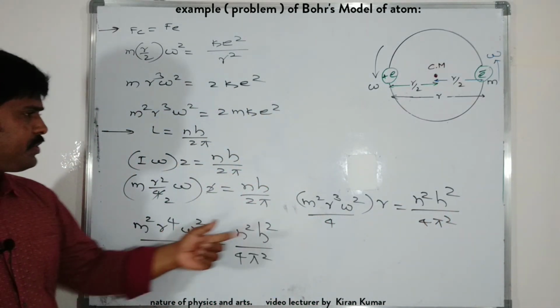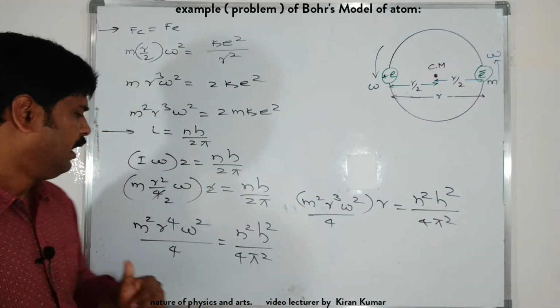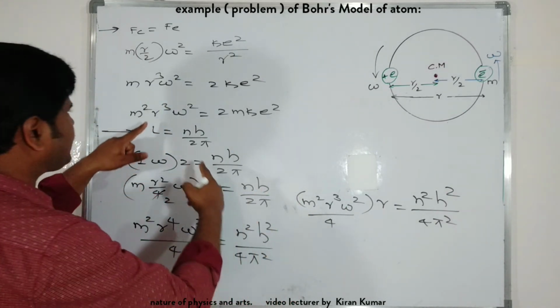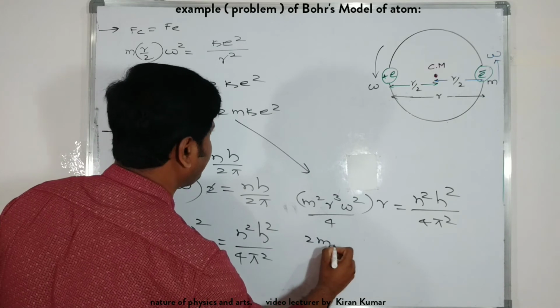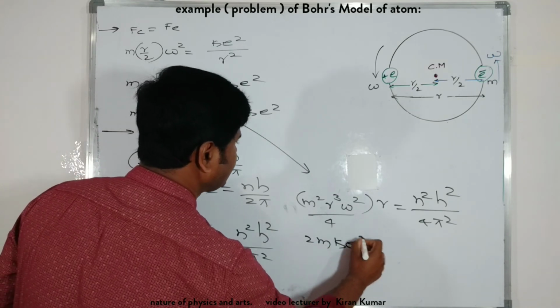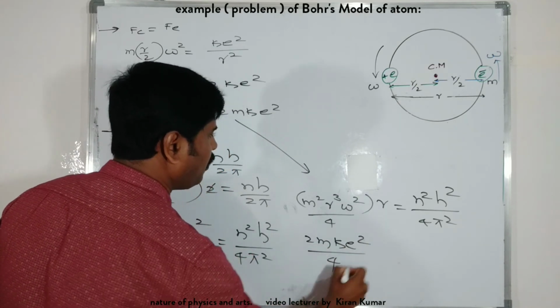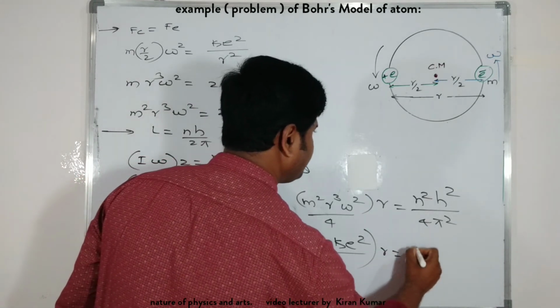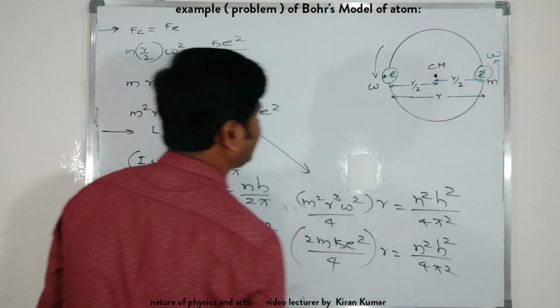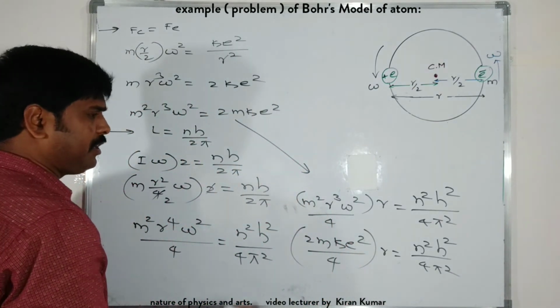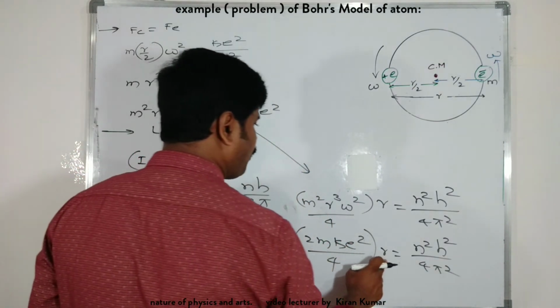Just here r is taken common. So here this value is replacing this value, that is 2m k e square divided by 4 into r, which is equal to n square h square by 4 pi square. Okay, and continuation we can write r value.